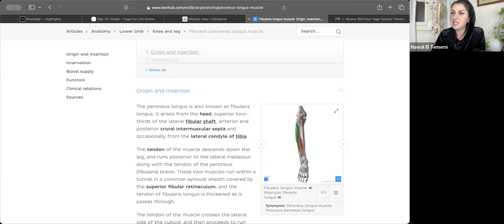The exercise on page 59, we'll do it together when we meet, not this weekend, but the next weekend. Major muscles of the body. Then on page 62, there is fascia and the myofascial system.